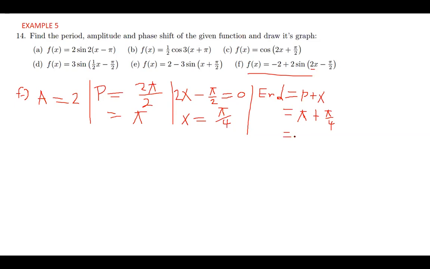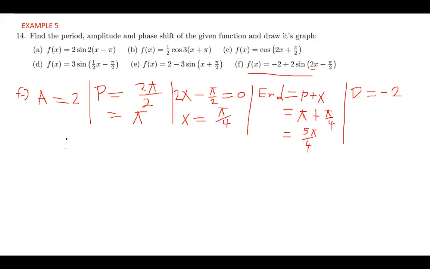So this will give me 5 pi over 4. You close like that. From there, we know our vertical shift, I will denote it as V or D. Let me just put it using the letter that somebody used. So our vertical shift is equal to -2, meaning our graph is going to shift downwards by 2 units.